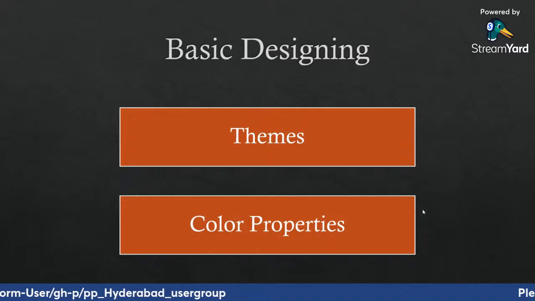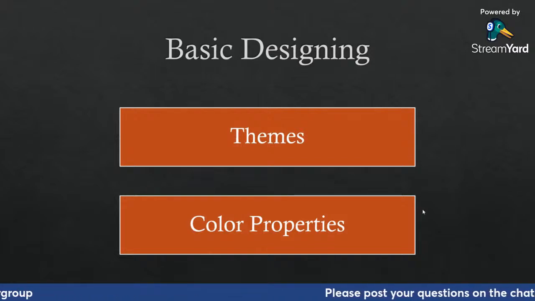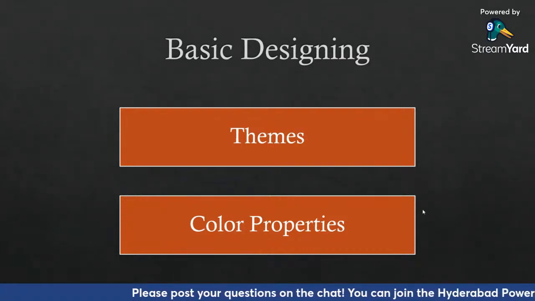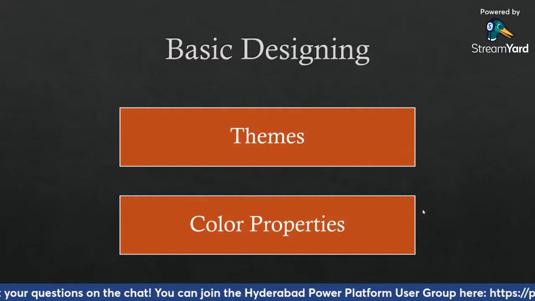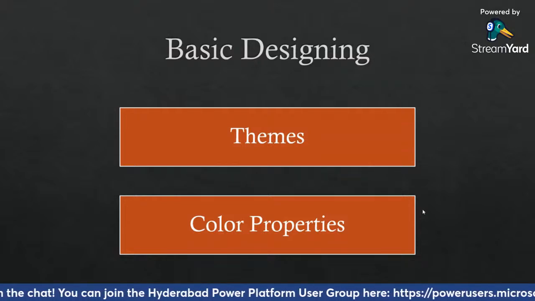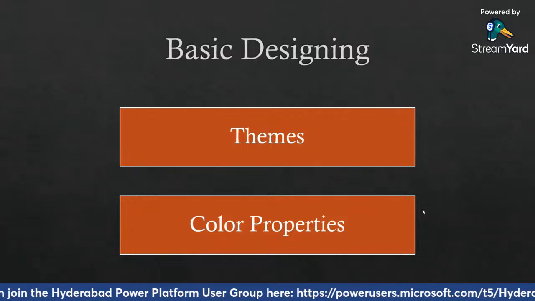So first we'll start with the very basic designing aspects, which are themes and color properties. So theme, by default, your Canvas app editor has a list of predefined themes that you can select from.